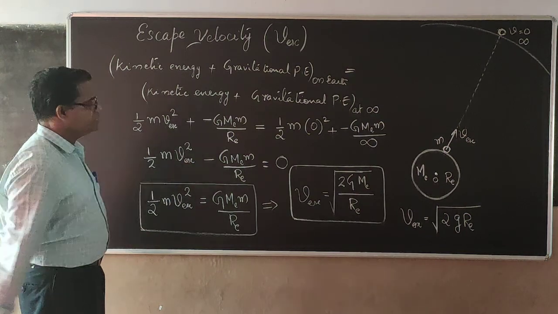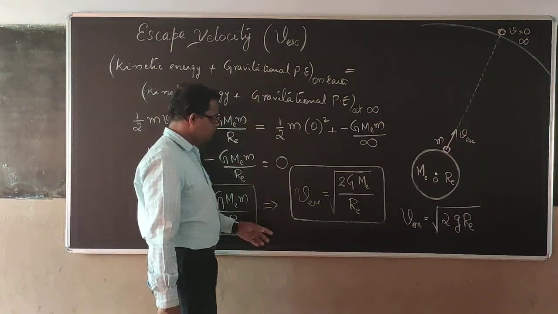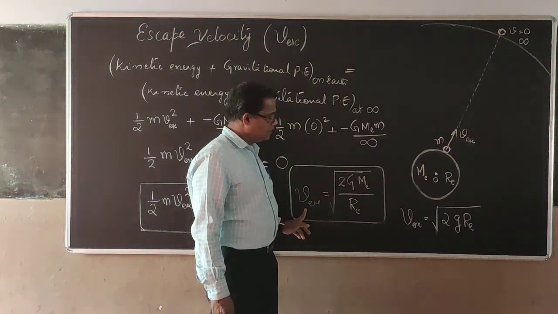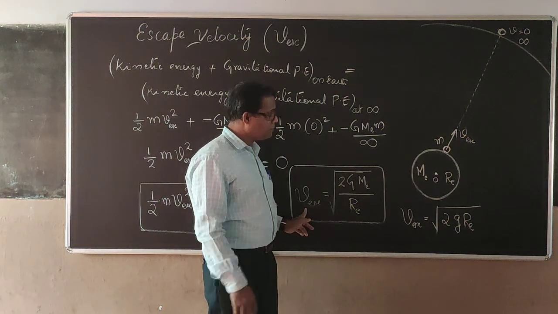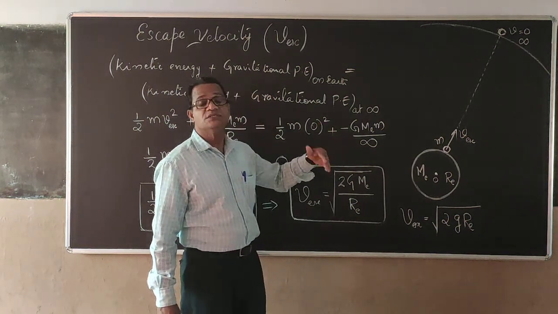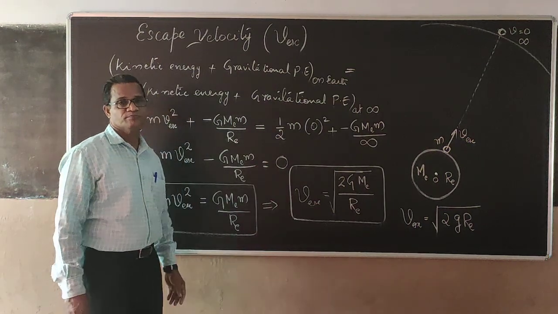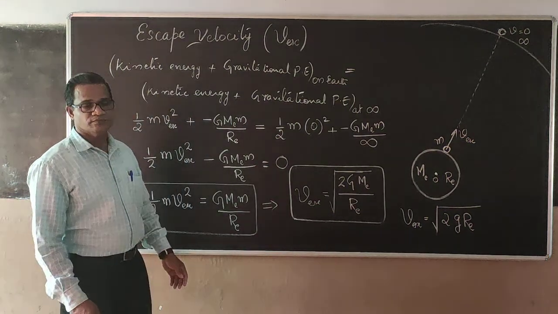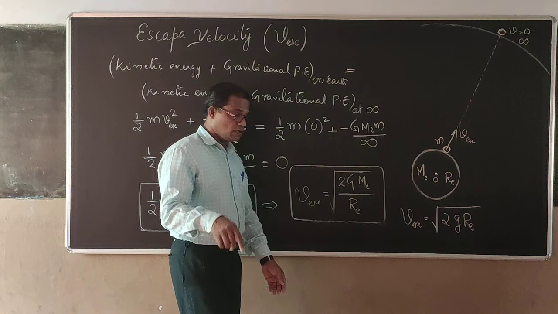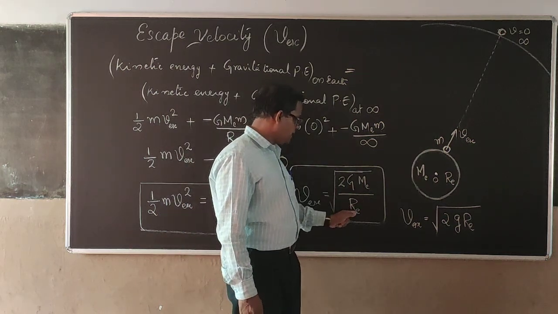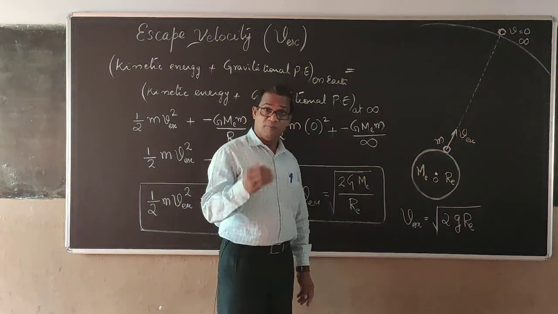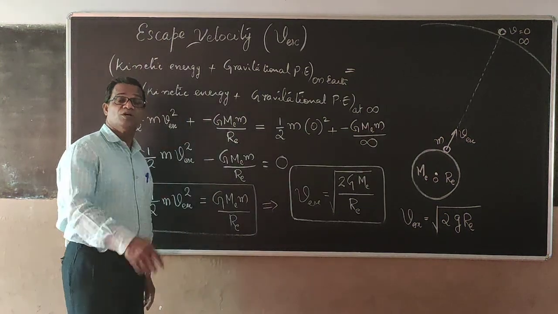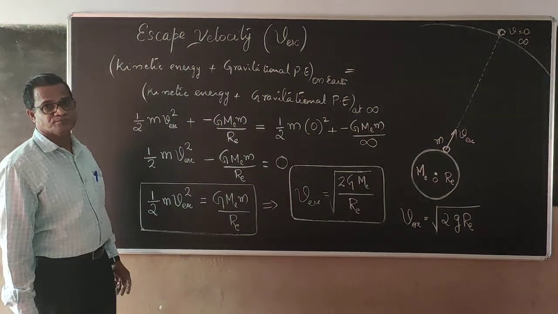Now here you can also see the escape velocity does not depend on the mass which is escaping. It's a very important thing. But it depends on the mass and radius of the planet from which the body is escaping.